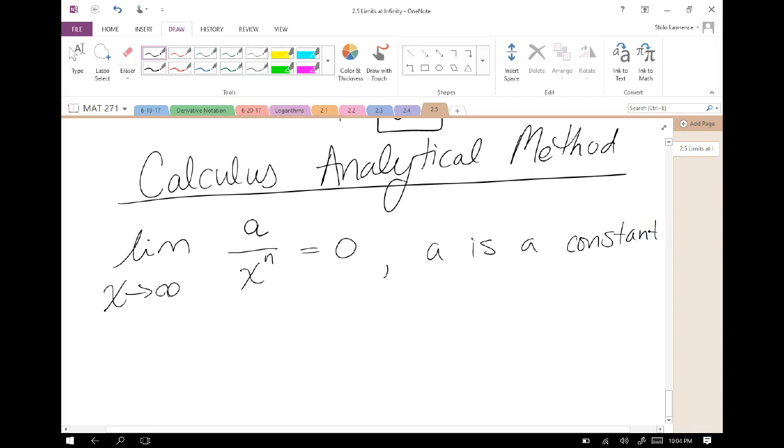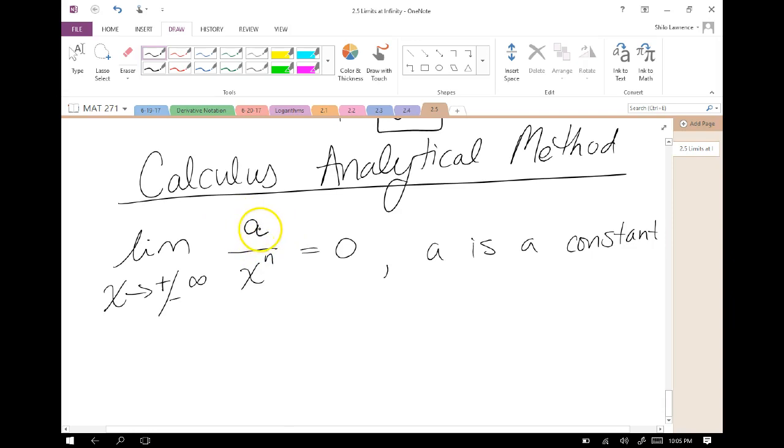And this is true actually whether we're doing positive infinity or negative infinity. So instead of having to write this twice, I'm going to say positive or negative infinity. So if you think about what's happening here, x is getting either really, really, really large positive or really, really, really large negative. But the numerator is staying exactly the same.